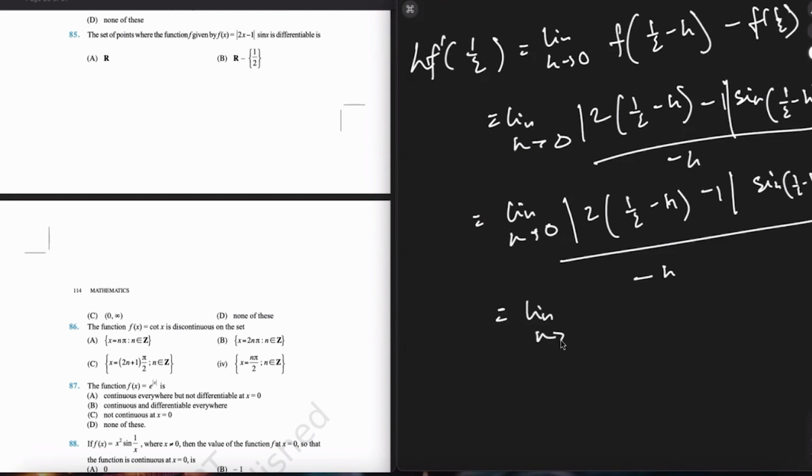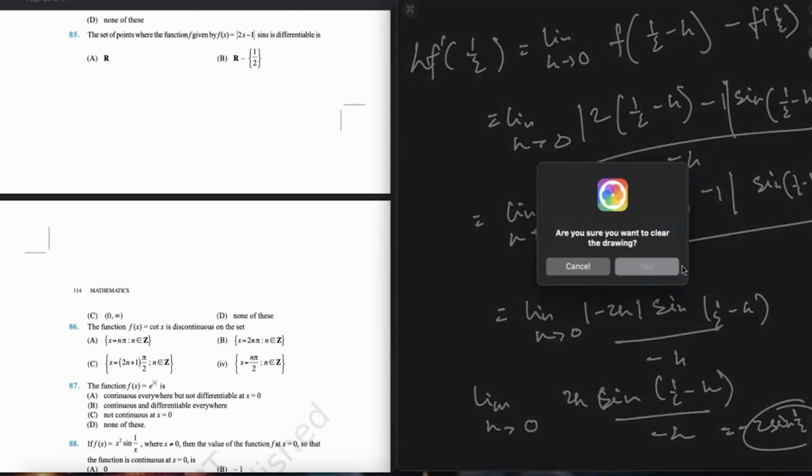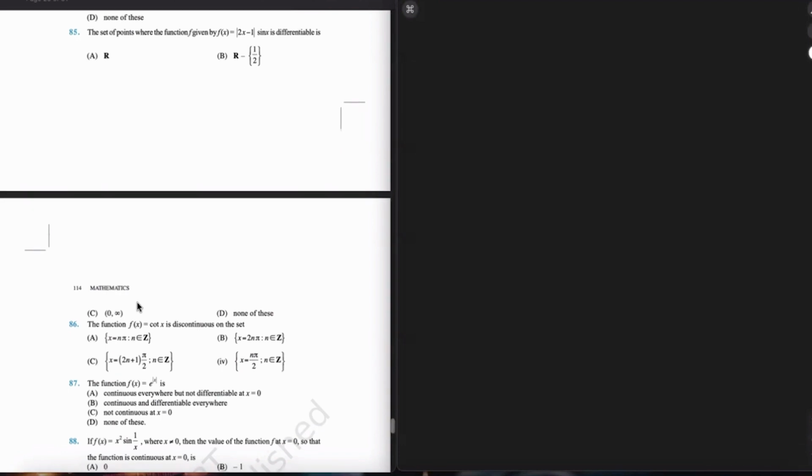So limit h tends to 0, minus 2h sine(half minus h) divided by minus h. The limit h tends to 0, 2h sine(half minus h) upon h, which is minus 2 sine 1 by 2. So f(x) is not differentiable at x is equal to 1 by 2, since left hand and right hand limits are coming different.